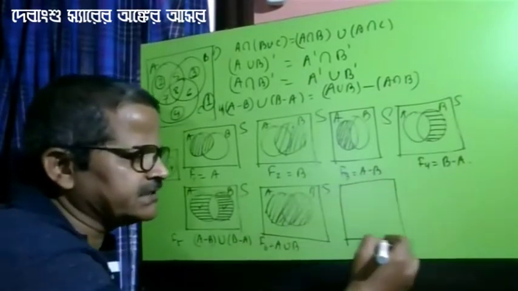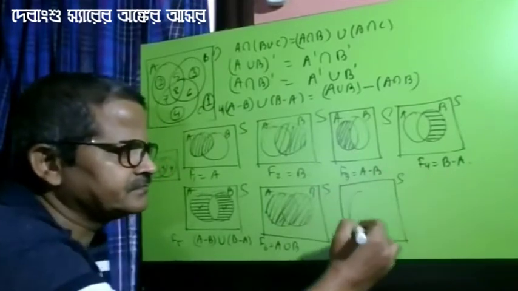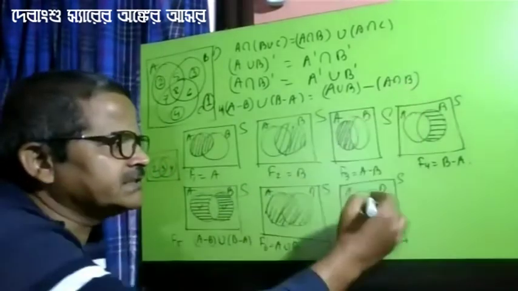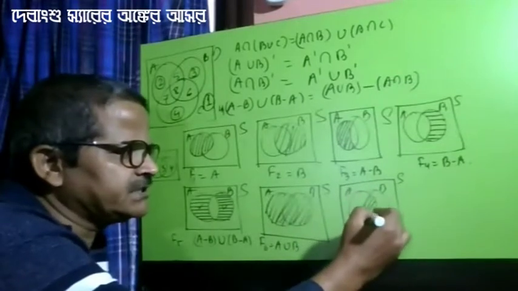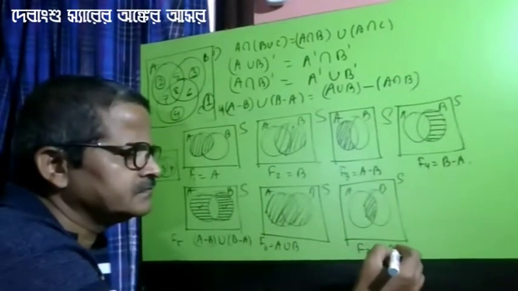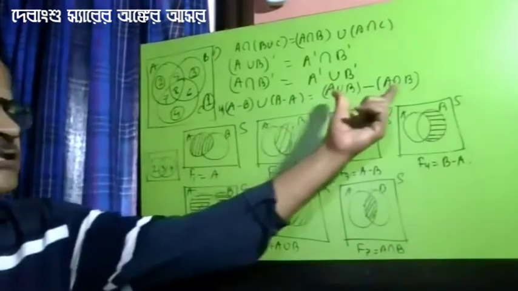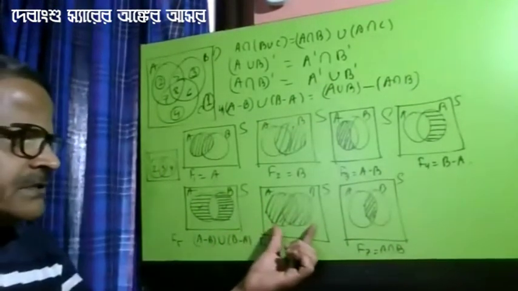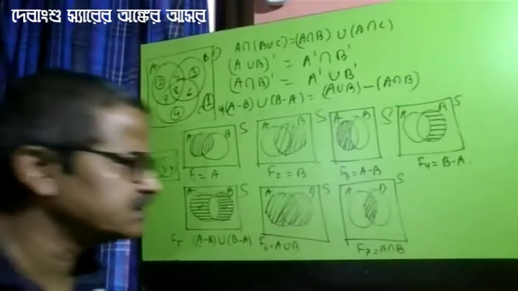Next, A intersection B. A intersection B is this portion. Now I have to construct this. That is, I have to subtract this portion from this.